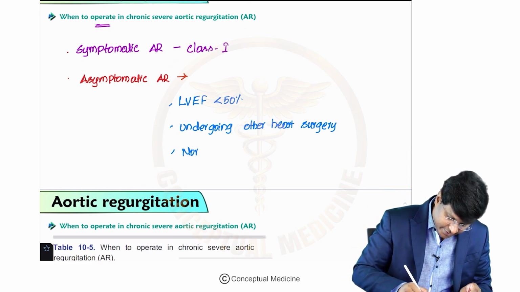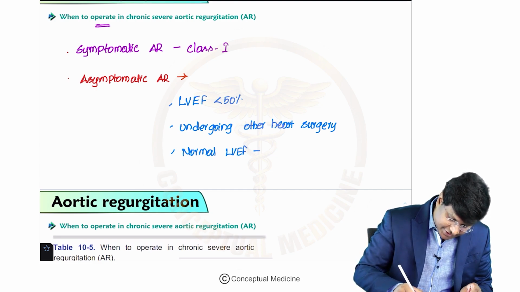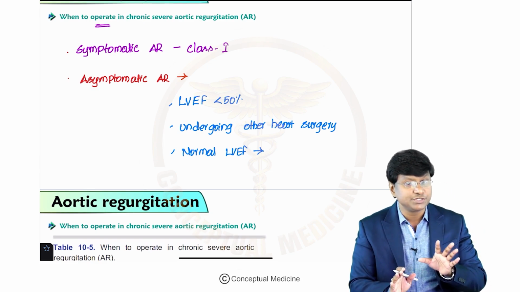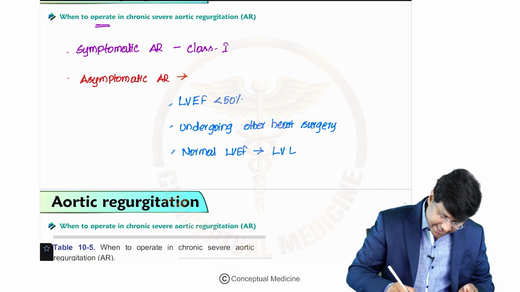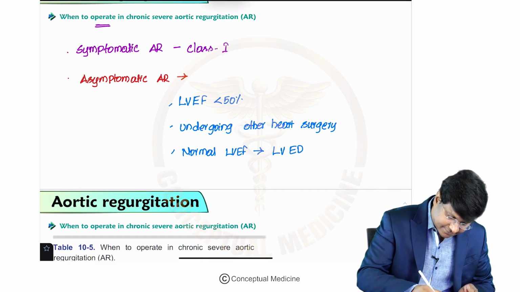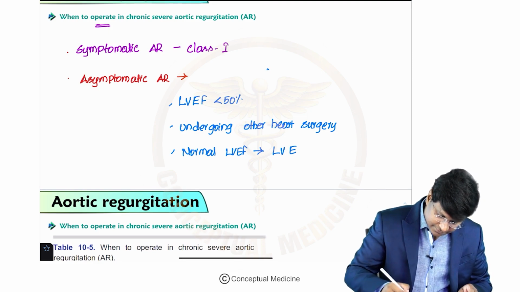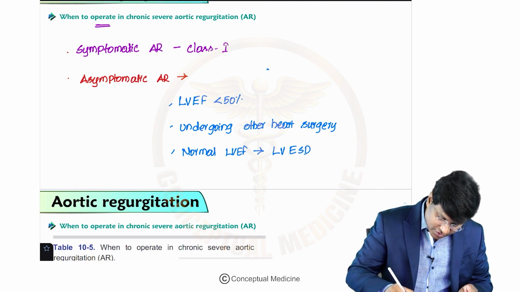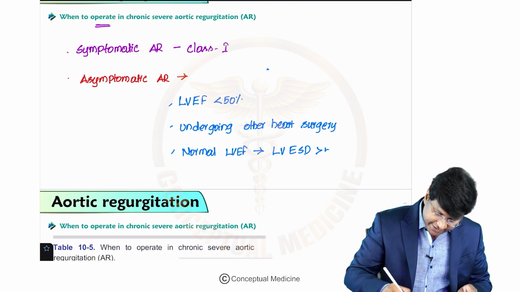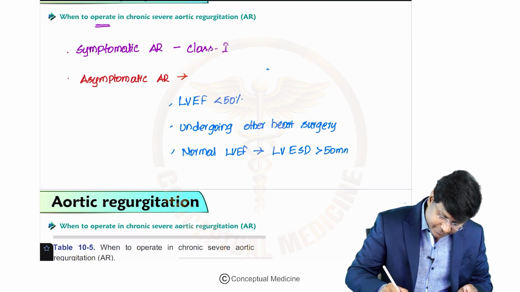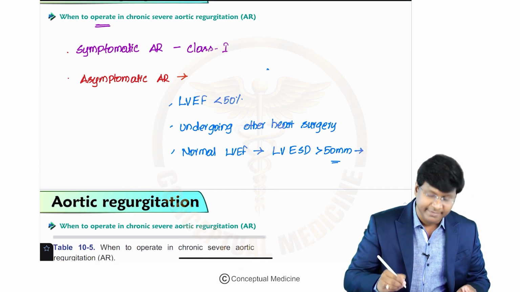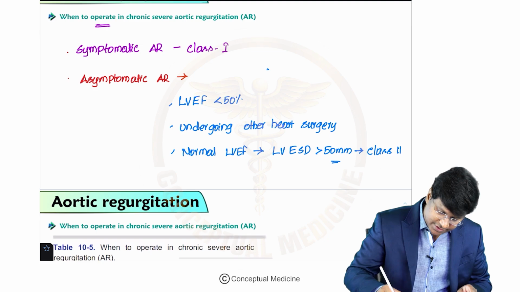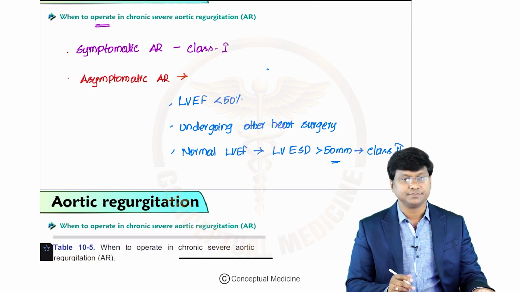And normal left ventricular ejection fraction, ejection fraction is more than 50%, but LV end-systolic diameter is more than 50 mm. But this will be a class 2 recommendation. It is not class 1, it is class 2 recommendation.